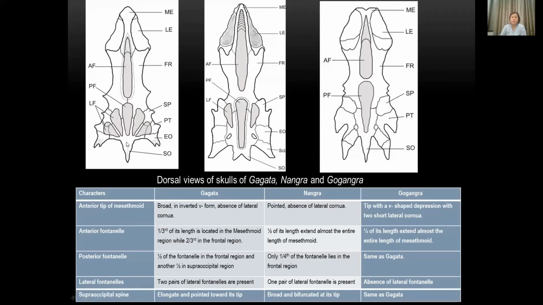Then the supraoccipital spine, it is elongated and pointed at its tip. In case of Nangra, the supraoccipital spine is broad and bifurcated. And in Gogangra, it is similar to Gagata. This we can see in the dorsal skulls of Gagata, Nangra, and Gogangra, the differences.